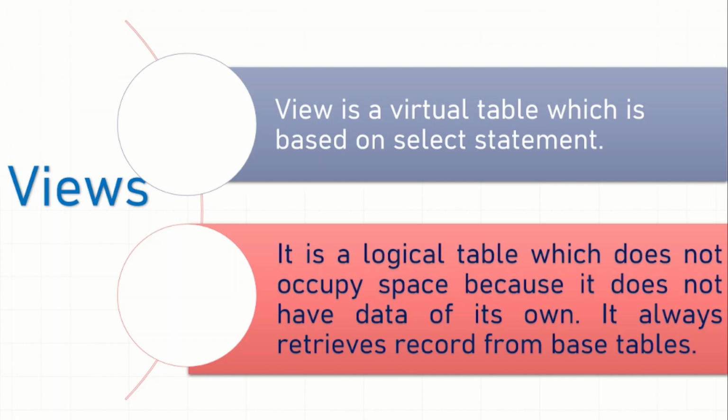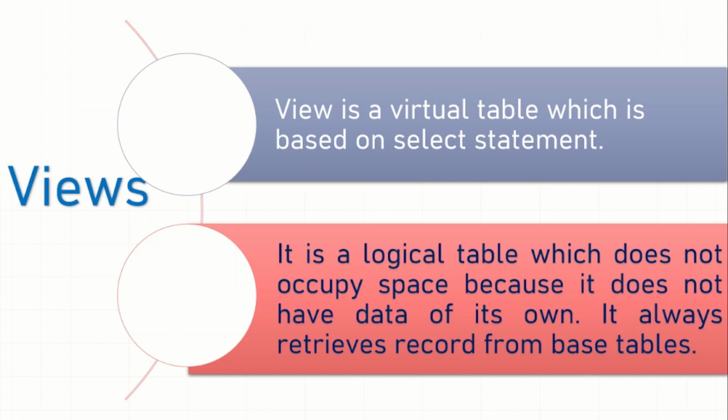The beauty of view is that if you delete a record from the base table on which that view is created, immediately that data will be reflected in the view also. It's a kind of real-time access of data for a view from the source table.